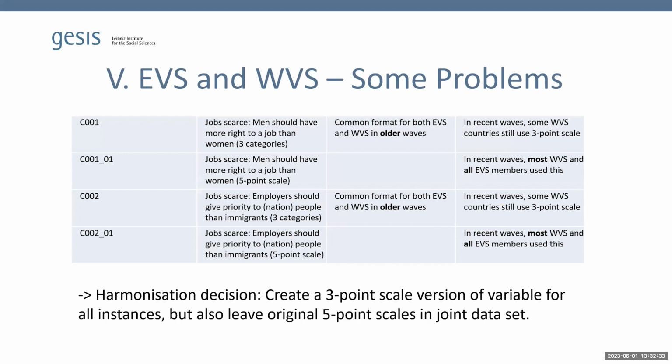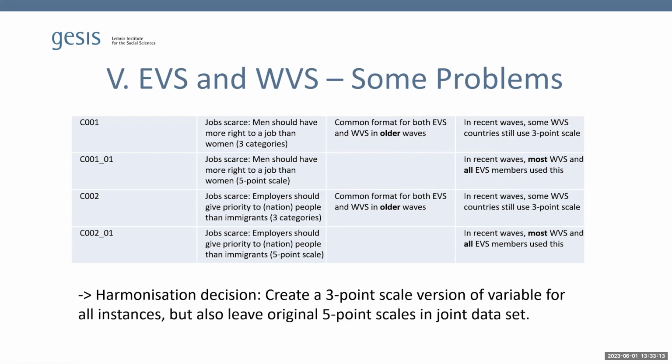Another example of a similar kind is about priorities for having a job in terms of jobs being scarce to people. Men should have more right to jobs than women. That's a very established value or attitude assessment item that has been run across most of the waves for both survey programs. And both used to run it in a 3-point scale format, then switched to 5-point scales. But accidentally, not all WVS countries made that switch.